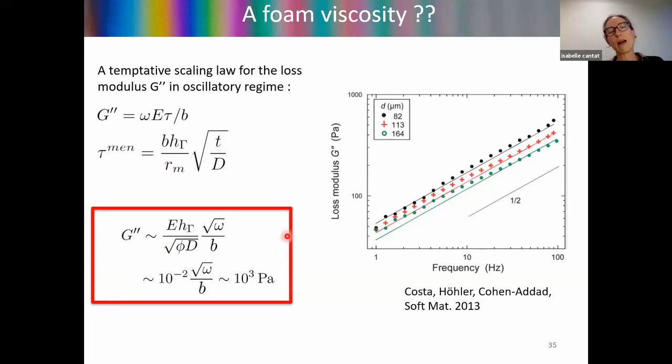It is certainly not a proof that we are relevant for foam, but it's a big encouragement to keep trying to understand what happens in the foam with the tools that we developed, because we get exactly the scaling that we would like to see, which is a square root of the frequency, for something that decreases as one over the bubble size, and with a prefactor of the right order of magnitude when we put the number we got from our experiment in this prefactor.